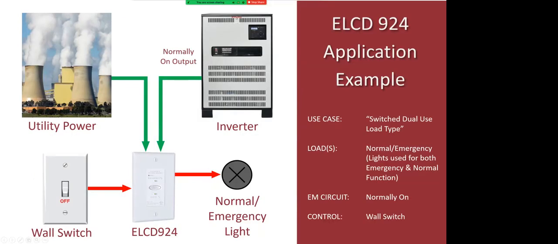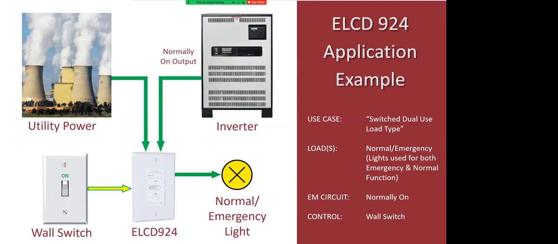Real quick, this is kind of how a transfer device works. It's very simplified here, but you're going to connect utility power and your emergency power to this transfer device. You will have a wall switch control that is also connected to the transfer device. And then you have your normal / emergency lights. If you switch that wall switch on, the emergency lights will go on and off when you switch that light switch on.